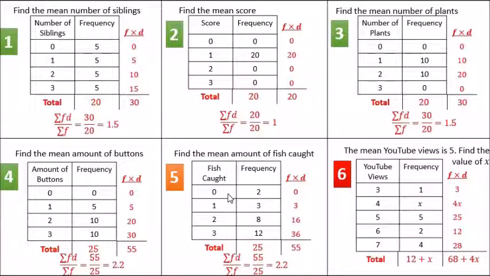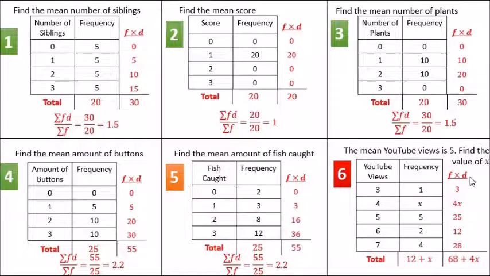And when you do the calculation, 0 times 2 is 0, 1 times 3 is 3, 2 times 8 is 16, 3 times 12 is 36. You can see we get the same total here and the same total here, which means we've got the same mean. So moving 2 of these out of category and 2 of these out of category didn't change the mean at all, which is exactly what we'd expect.